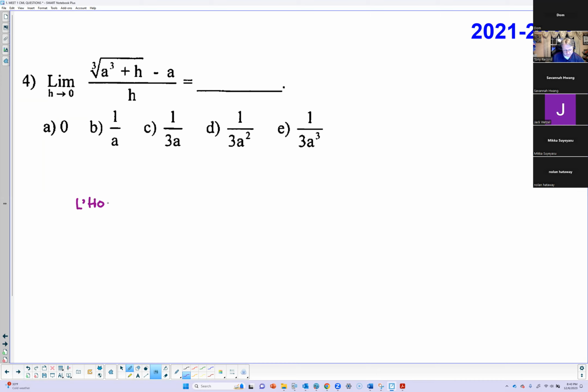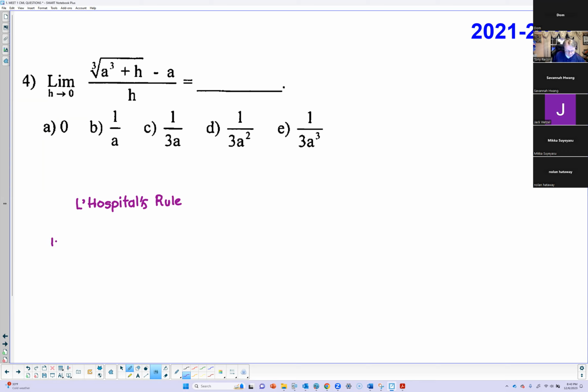L'Hopital's rule. And I think that this is a great application of L'Hopital's rule. Okay? So first of all, let's make sure that we get 0 in the top and 0 in the bottom.